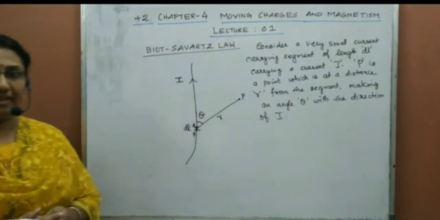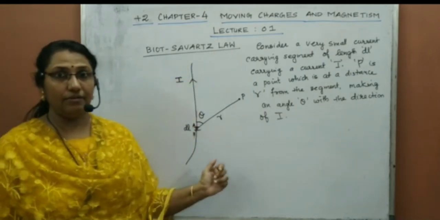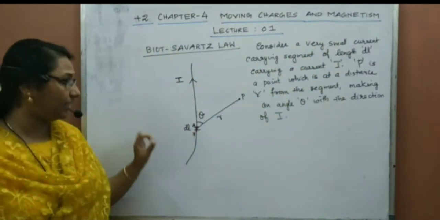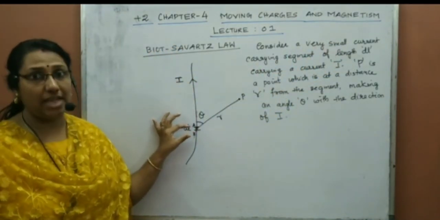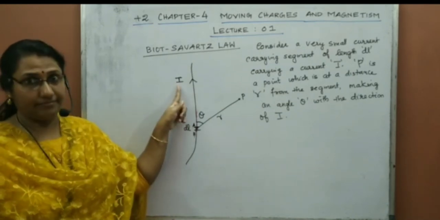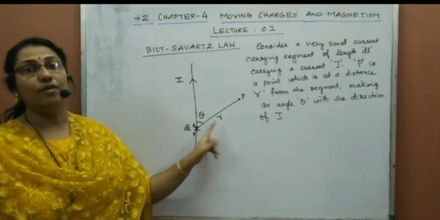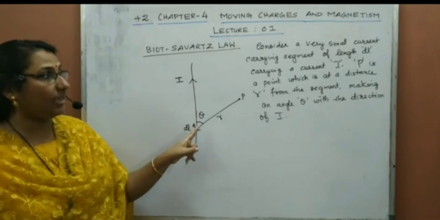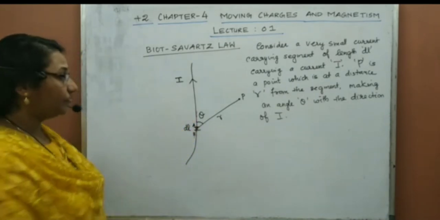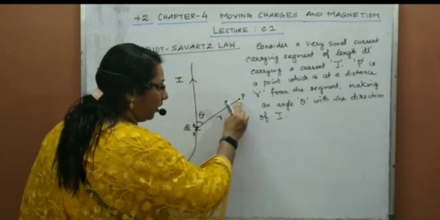So Biot and Savart took a current carrying conductor. From that, consider a very small current carrying segment of length dl, carrying a current I. Then P is a point which is at a distance r from the segment, making an angle theta with the direction of current.